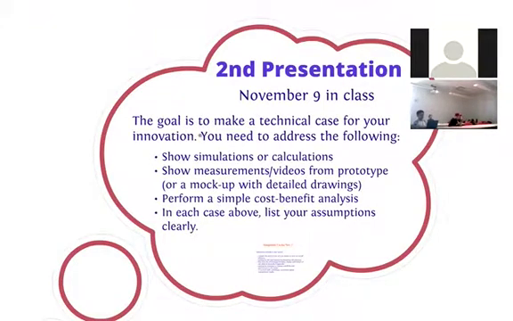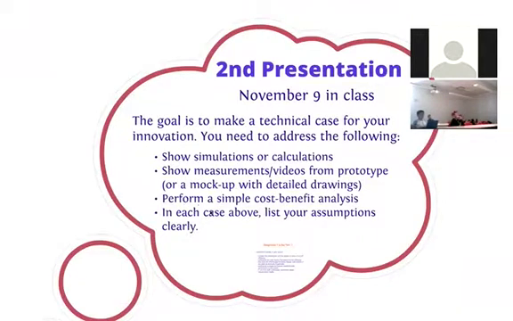For this, you need to have detailed, as much as possible, quantitative simulations or calculations. Hopefully you have some numerical simulations to back things up. If you have a prototype, please show measurements or videos from your prototype. If you want to bring your prototype, this is your opportunity. Or if you have a mock-up with detailed drawings, that's the minimum I would say you should do.